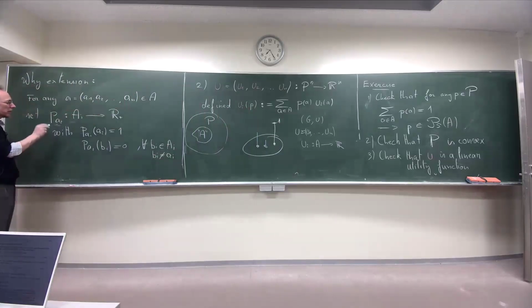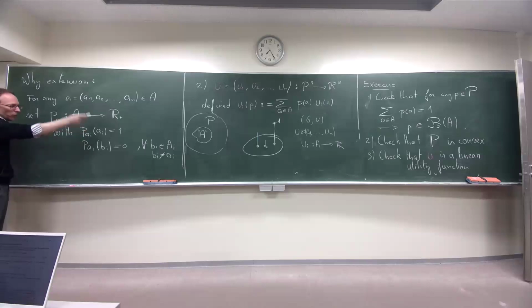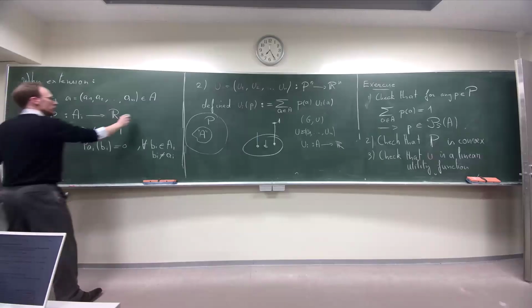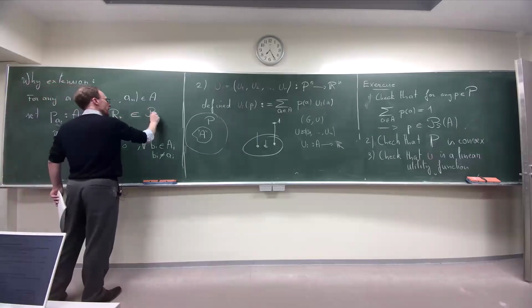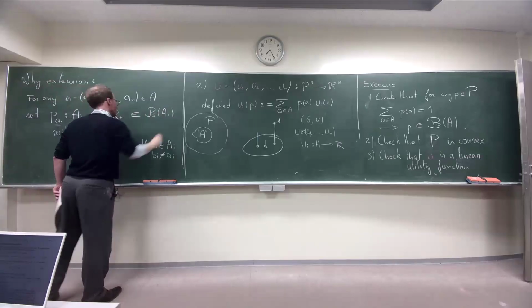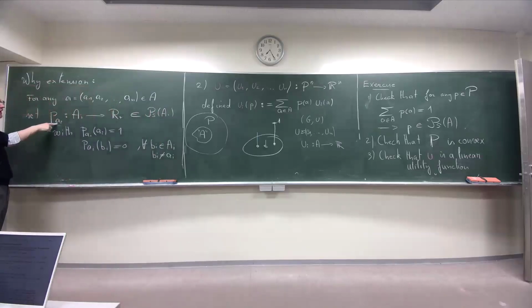So it's like a Kronecker delta, for those who know. I define the function which takes the value 1 exactly at a_i and 0 everywhere else. It's an element of this capital P of A_i. So I associate to any point in A_i a function.